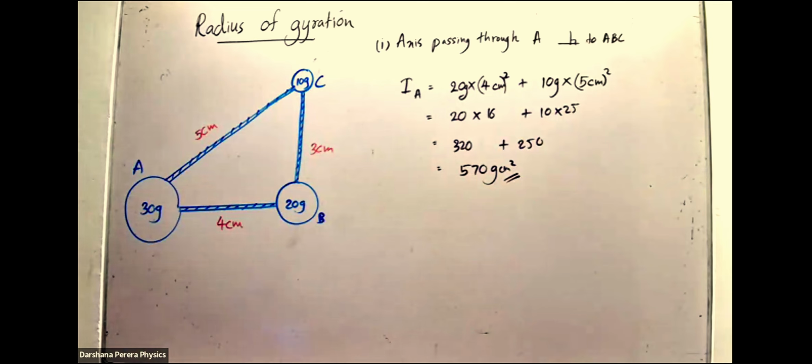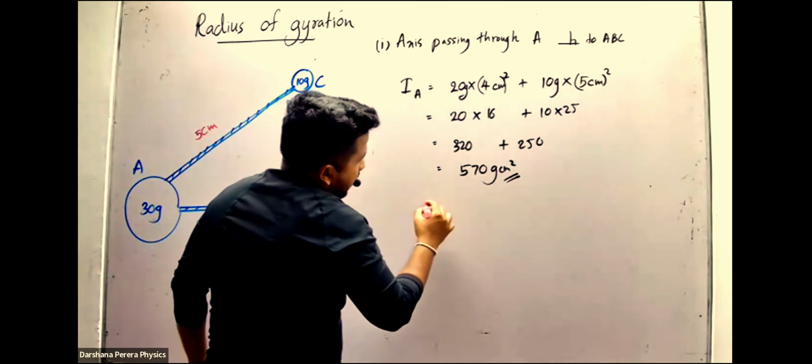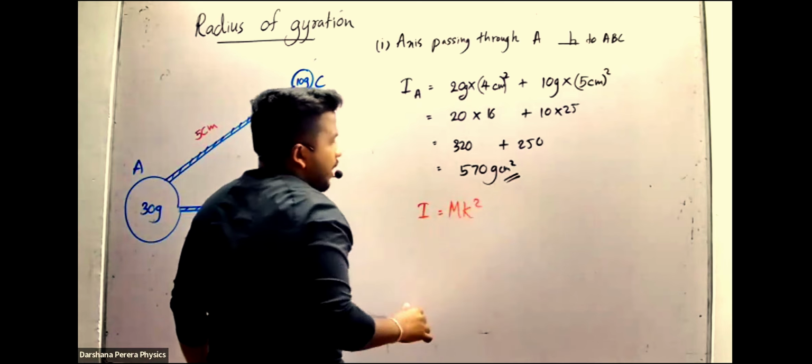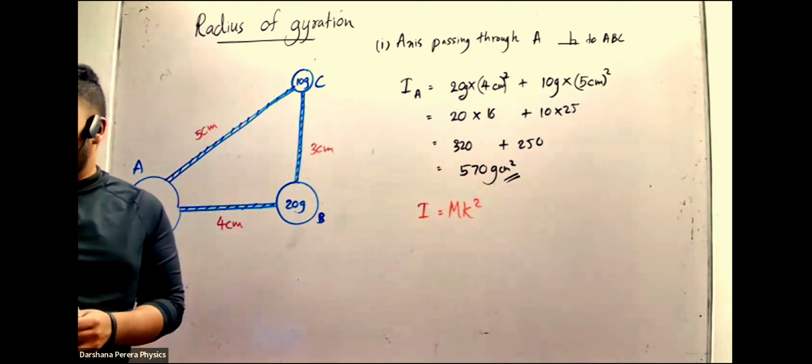I also gave that one in the answer sheet. And also, what is the K value? We can say I equals M K square. M is the total mass.